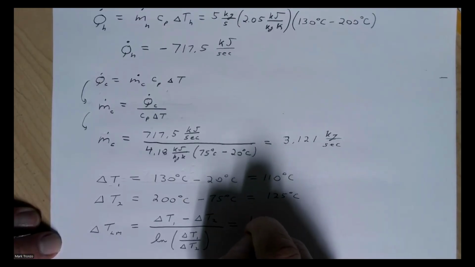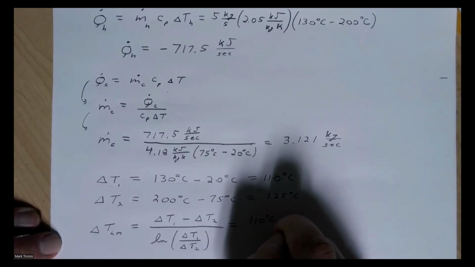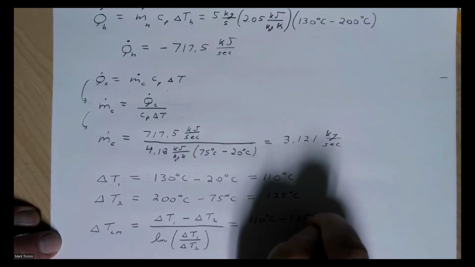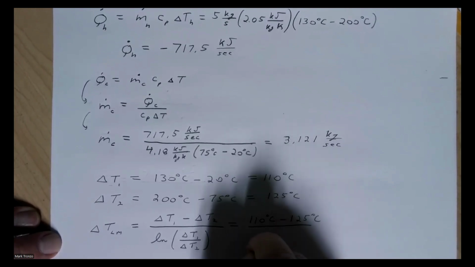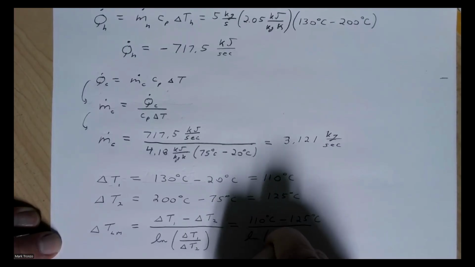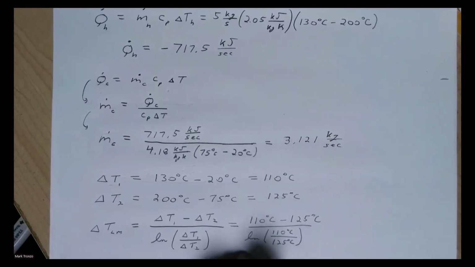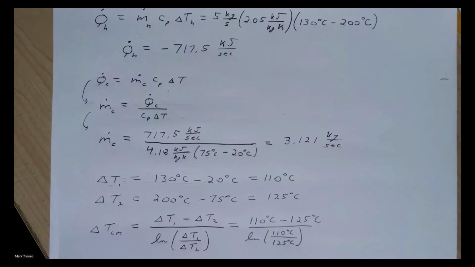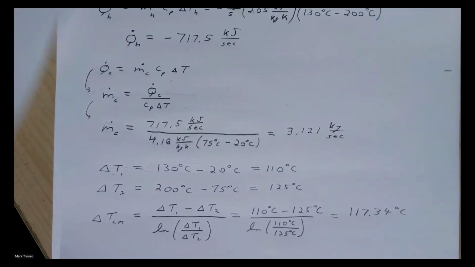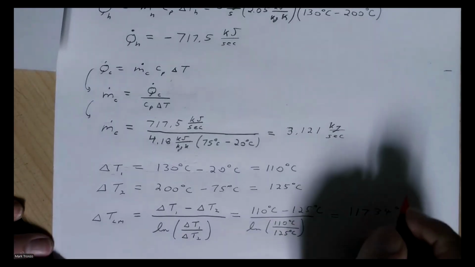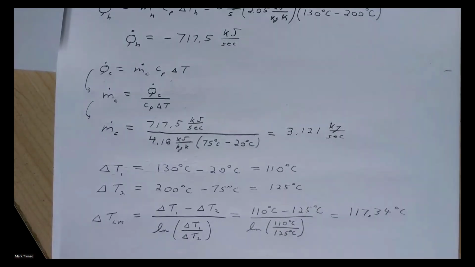And so in our case, 110 degrees C minus 125 degrees C, divided by the log of 110 degrees C over 125 degrees C. Again, that's the natural log. And we put it in the calculator, we get 117.34 degrees C is going to be our log mean temperature difference.